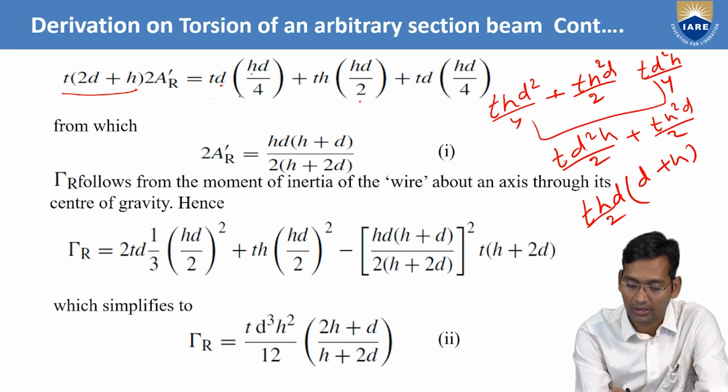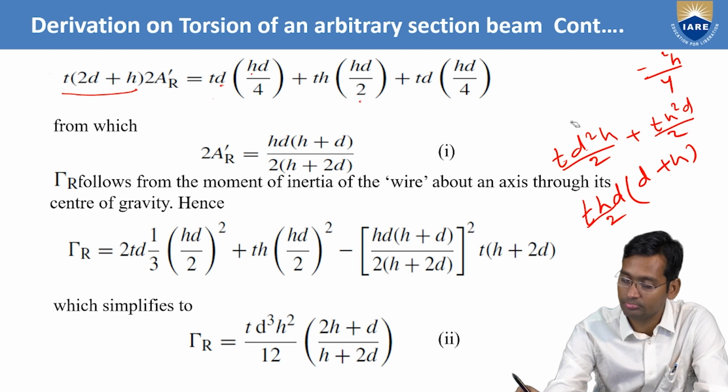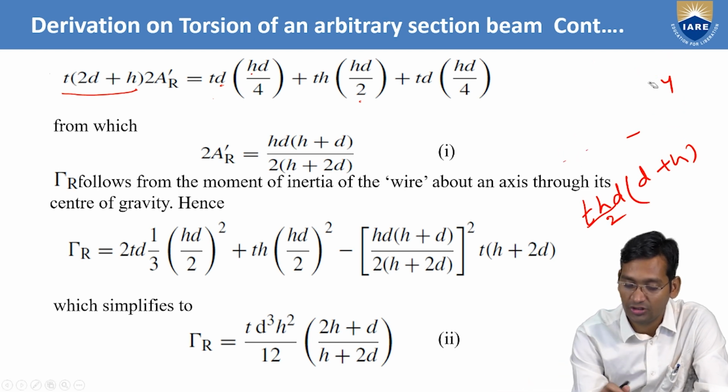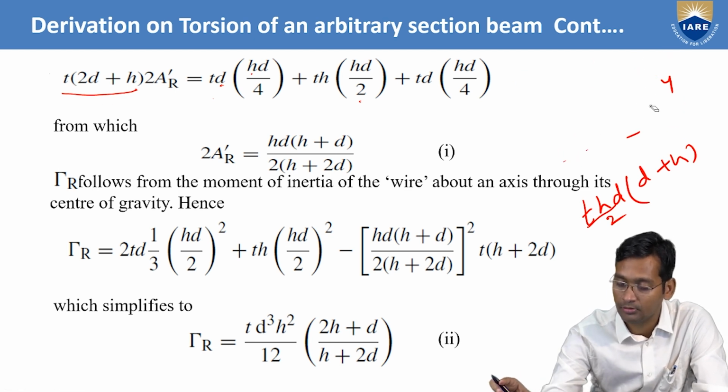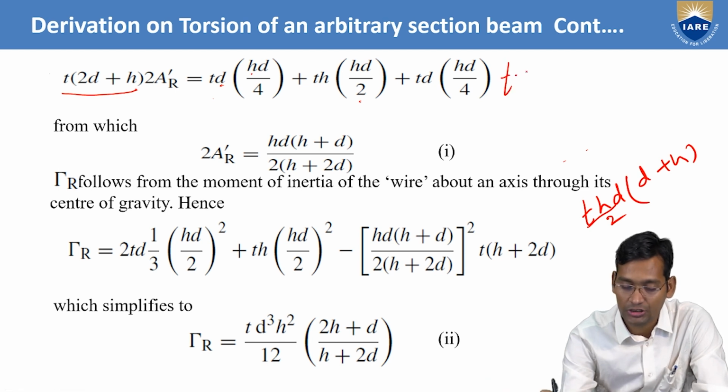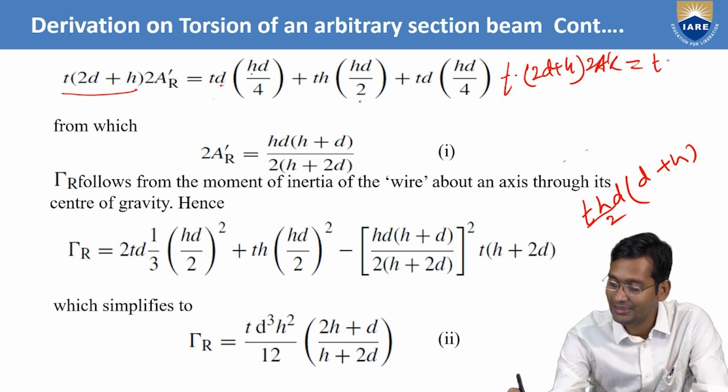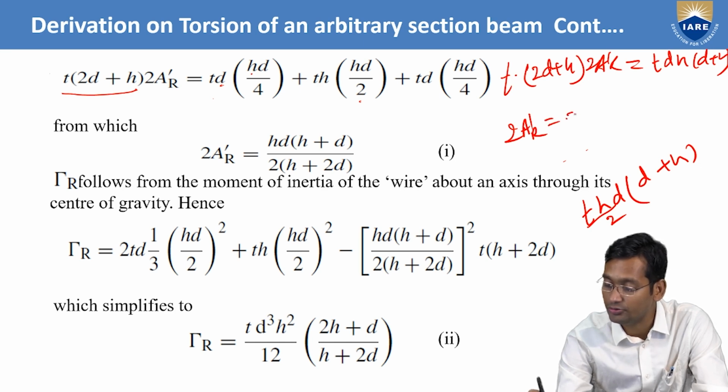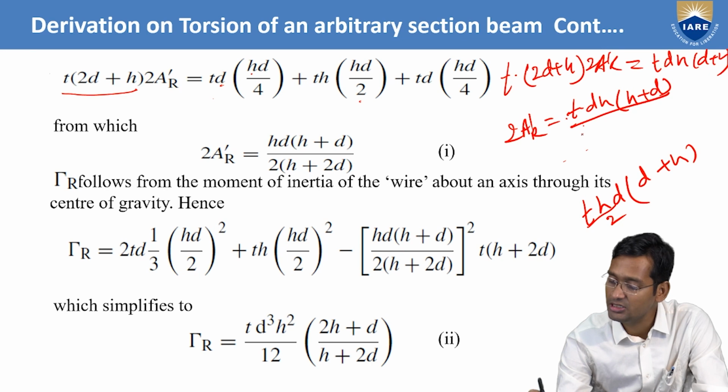Now for this one, we can write t into 2d plus h into 2ar dash is equal to this value, t d h into d plus h by 2. Now if you find 2a dash r, these things will come to this side: t d h into h plus d, or d plus h, both are same, right?